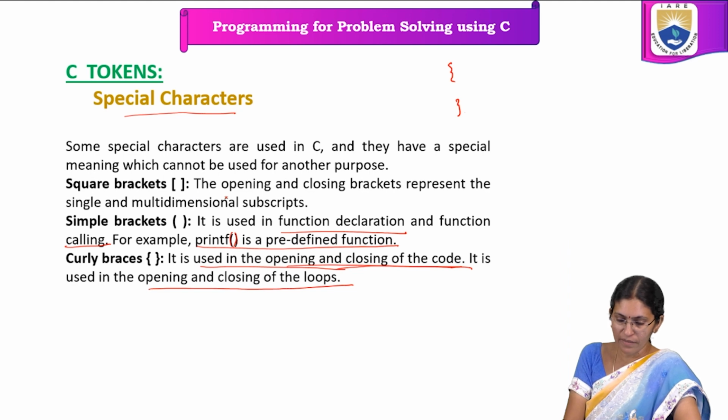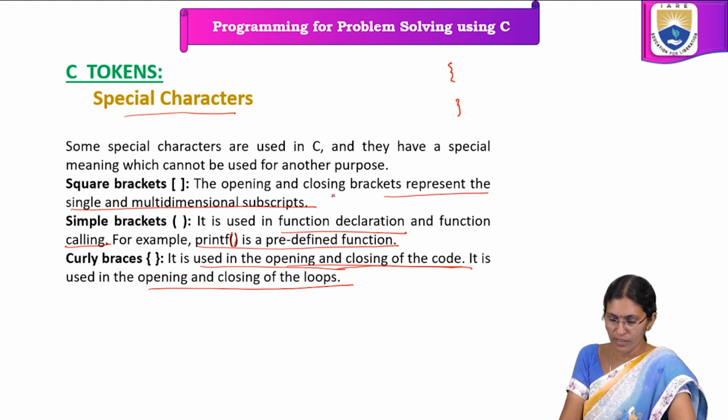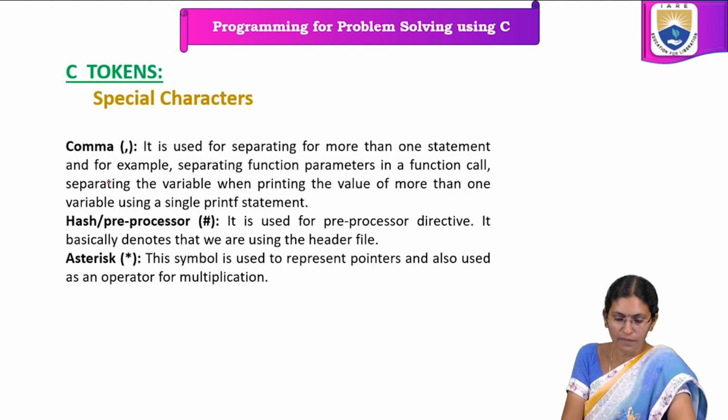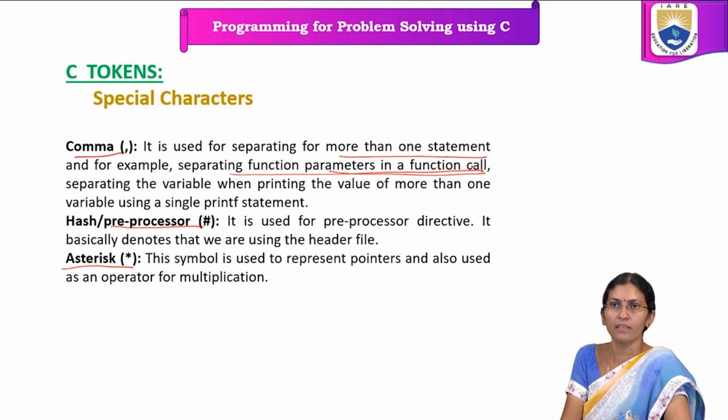Next are square brackets. The opening and closing brackets represent single and multi-dimensional subscripts. After that we have some more special characters like comma, preprocessor and asterisk. Comma is used to separate more than one statement, or you can say for separating function parameters in a function call. This we'll discuss in detail when we discuss functions.